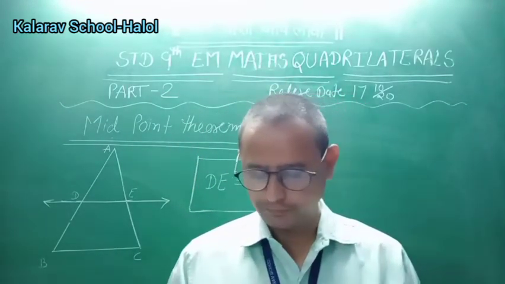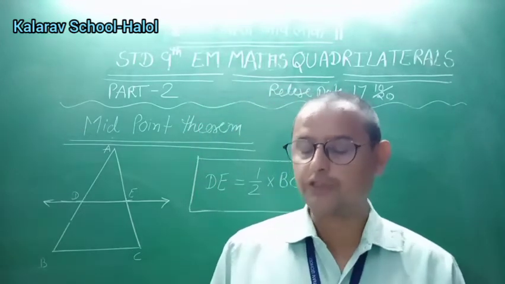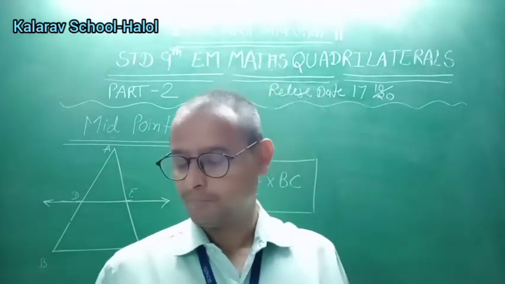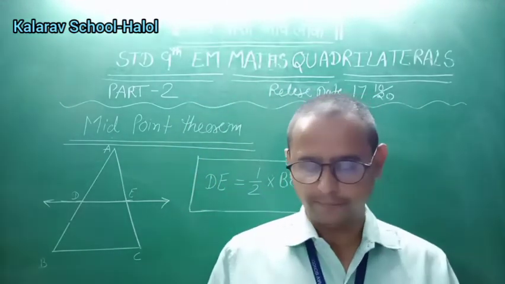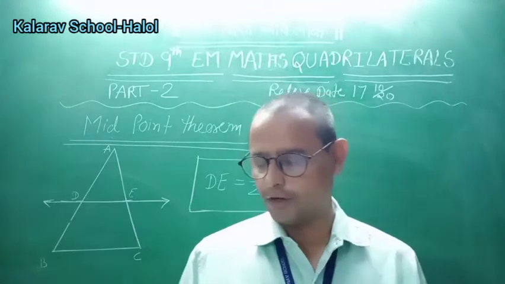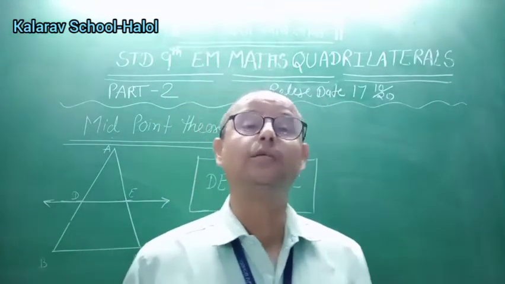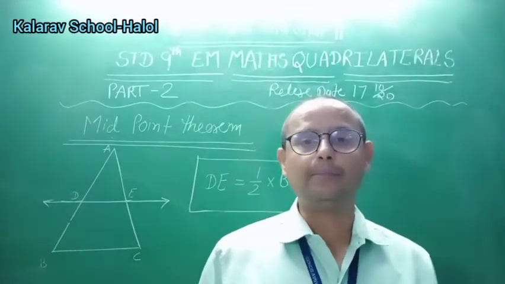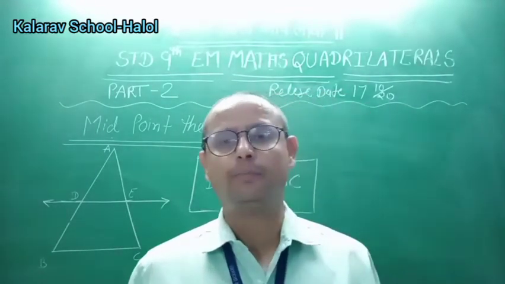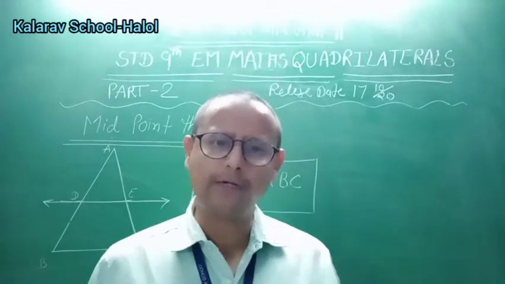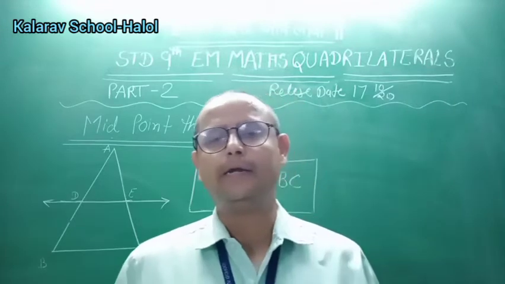So in your text, page number 137, the types of quadrilateral are mentioned. Let's start from there. When you watch this video, children, sit with your text, so you will get a better idea, because I explain whatever is there, but when you listen with the book you will understand it better.